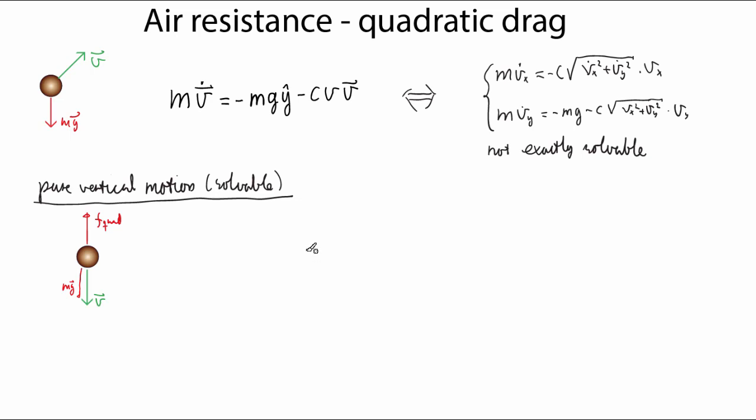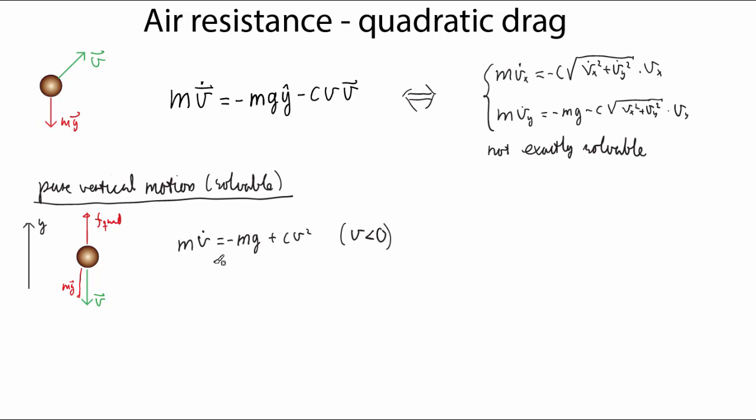Okay. So in this case now, the differential equation just becomes this, and that's assuming that the velocity is less than 0. In other words, we're falling downwards if we take y to be in the upwards direction.